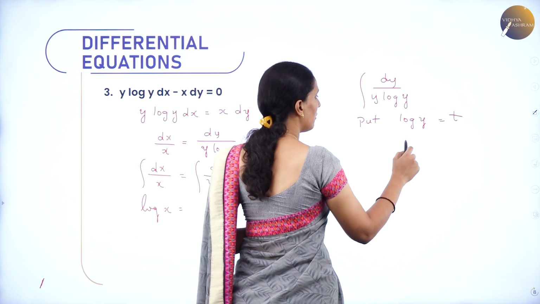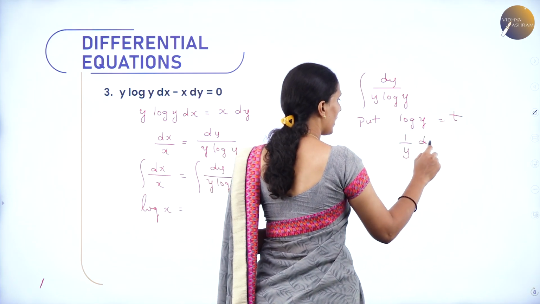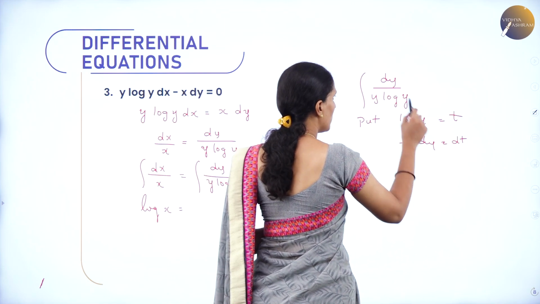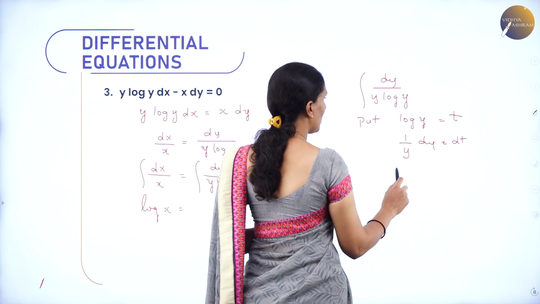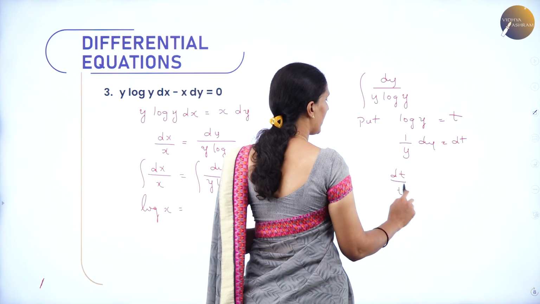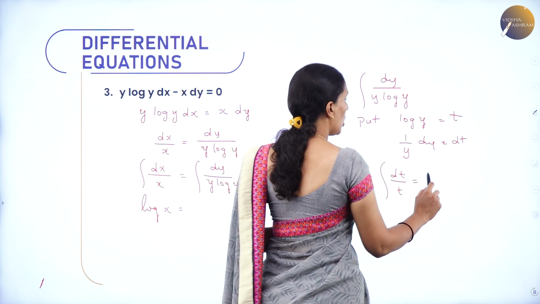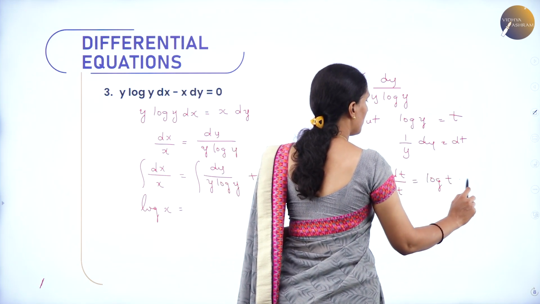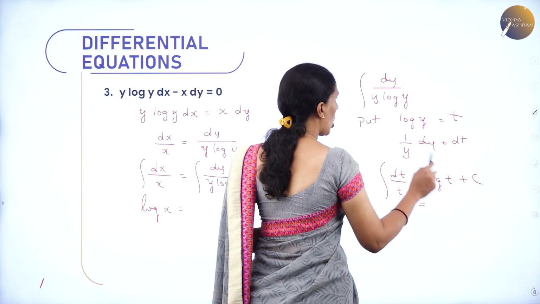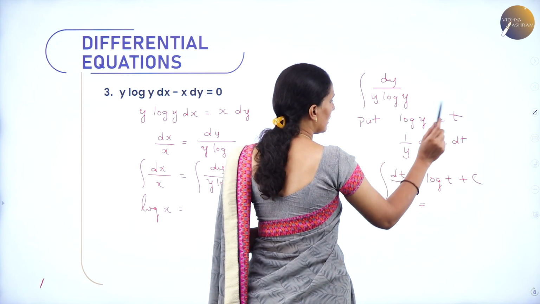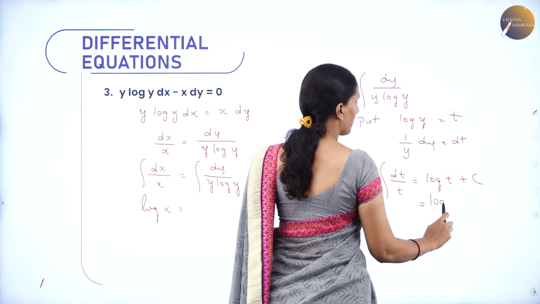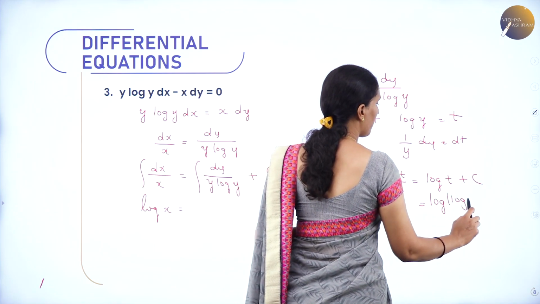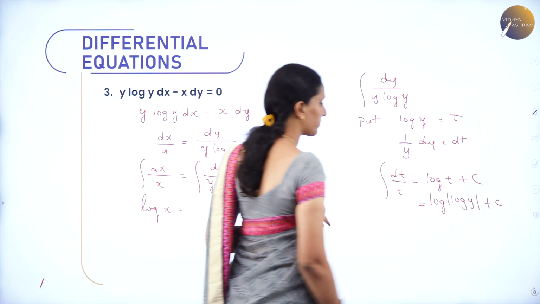Then what is the derivative? 1 by y dy is equal to dt. So this becomes the integral of dt by t, which is nothing but log t plus c. So what is log t? Here it becomes log of log y, so log of log y plus c.